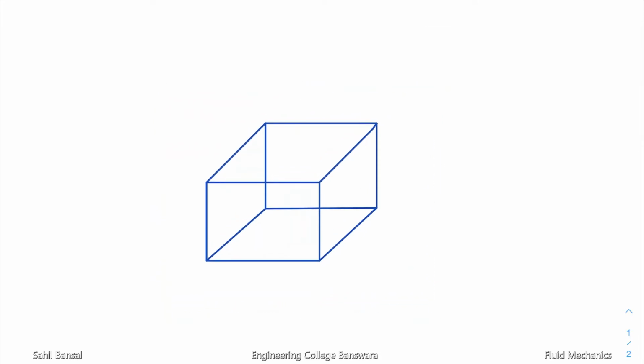So let's first mark our axes. This is the x-axis, this is the y-axis, and this is the z-axis. Let's say the elemental length of my element along this direction is dx.